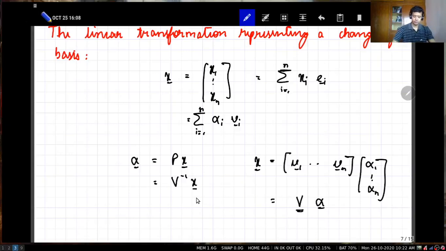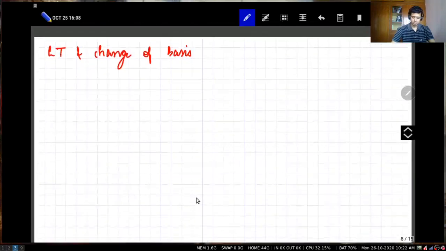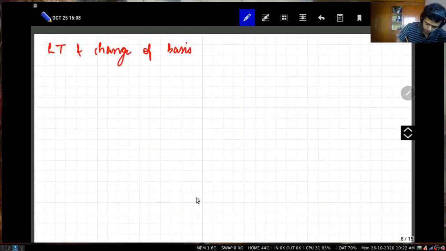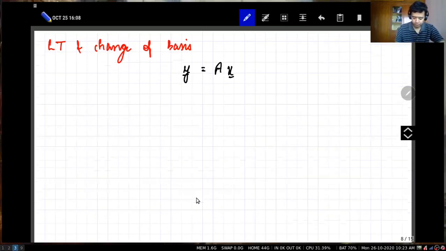right? So given this, let's see how similar matrices effectively correspond to a change of basis. So suppose that relative to the standard ordered basis, we have the linear transformation A, and given any vector x, we have y is equal to A times x, right?